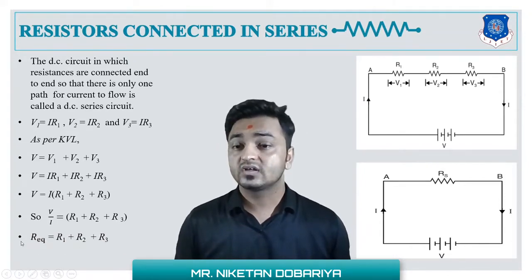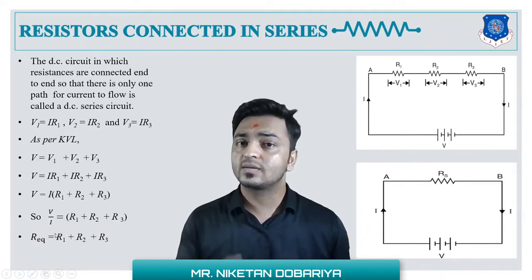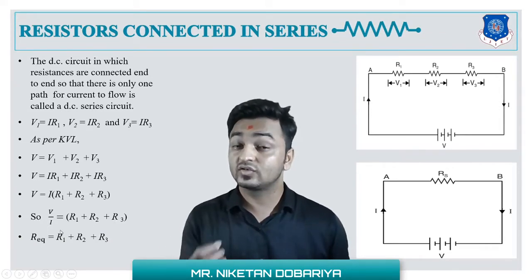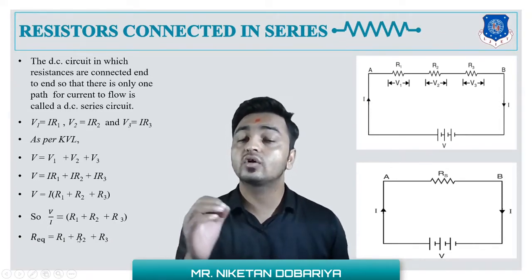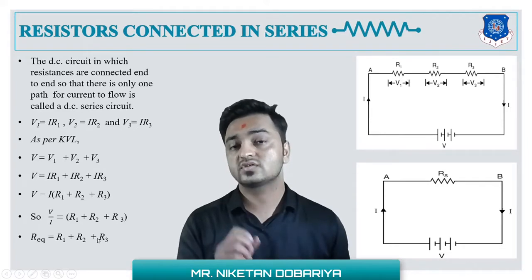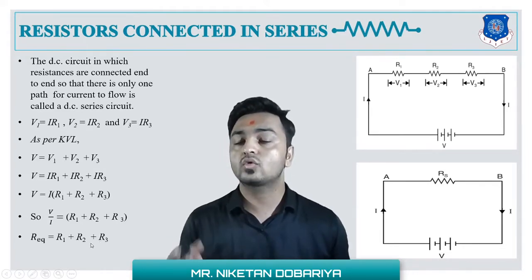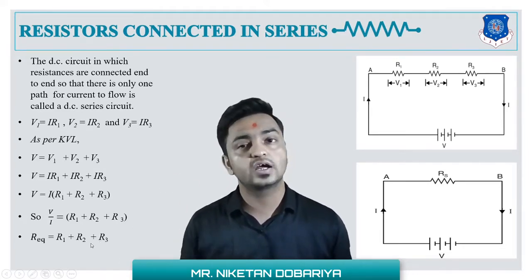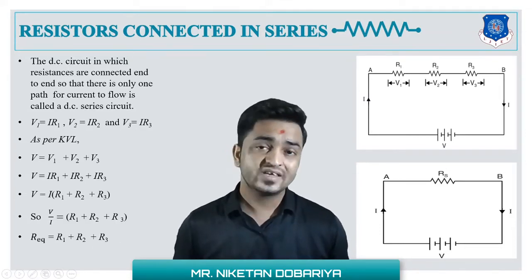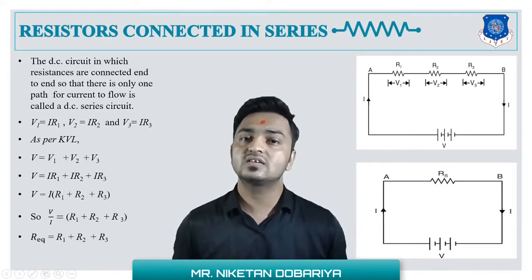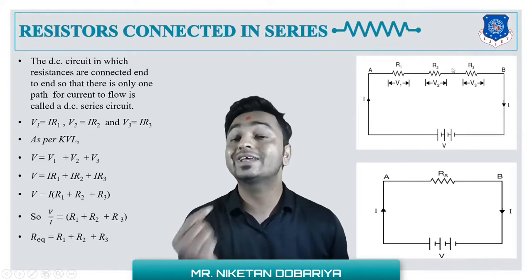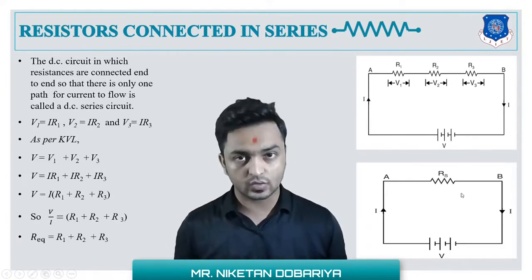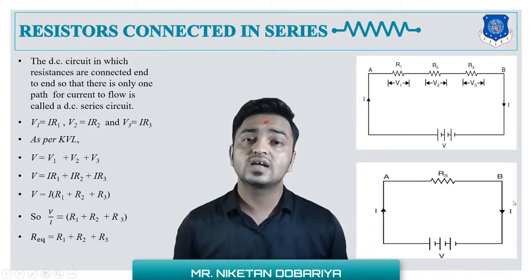Here, this V by I term is the supply voltage divided by supply current, so that will define the total or equivalent resistance. Instead of that, I can write it as R equivalent, and that is going to be R1 plus R2 plus R3. So basically, I can replace these three resistors by only one equivalent resistor, R equivalent, and that is shown in this diagram.